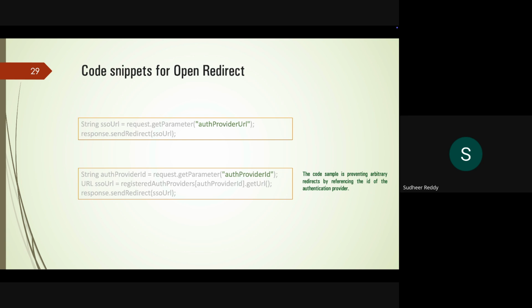What are these registered OAuth providers? Every browser will have its own API. If you check in any browser or Google it, you will get to know. There is Google Authenticator and Microsoft Authenticator.